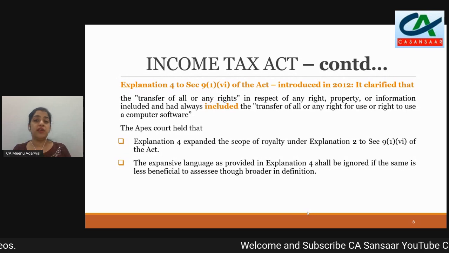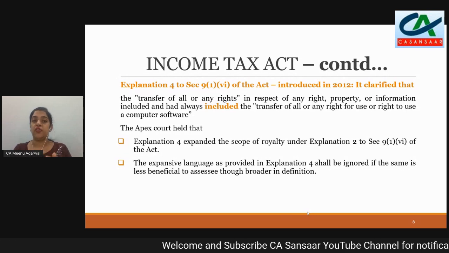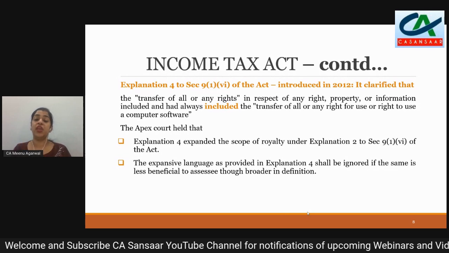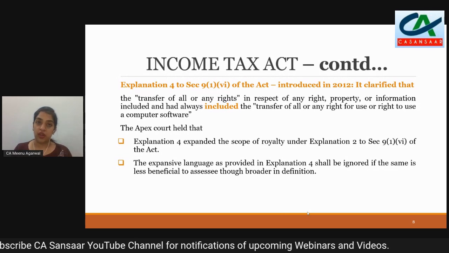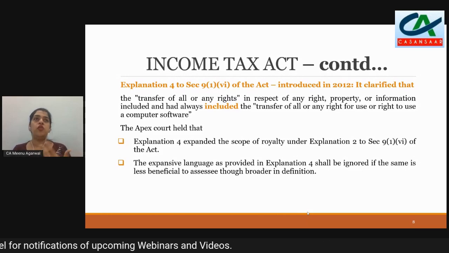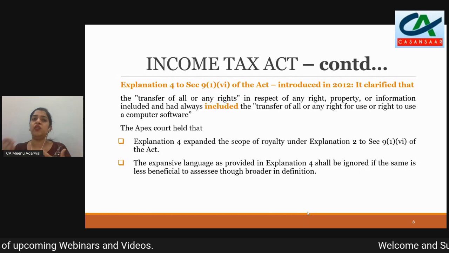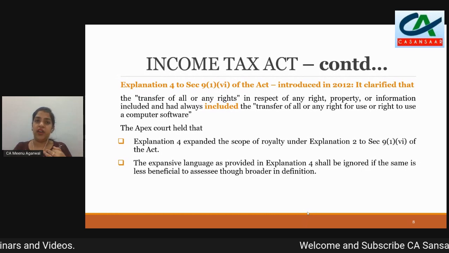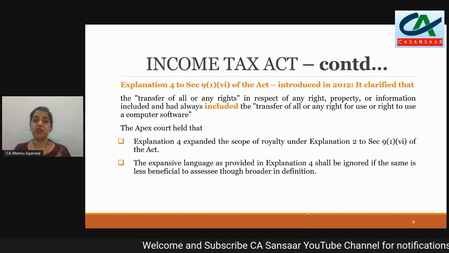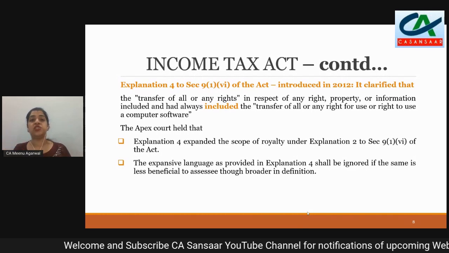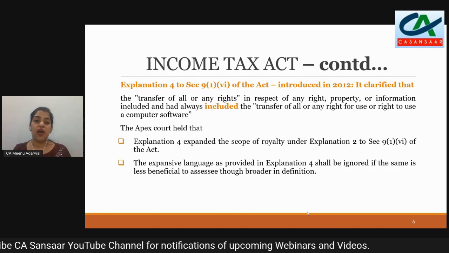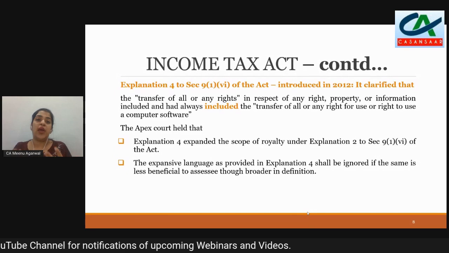Mind you, this provision in 2012 was introduced with retrospective effect, that is from 1976. Now the court went on to analyze whether you can actually have retrospective effect of such provisions or not, and whether Explanation 4 is a clarificatory provision or an expansive one.